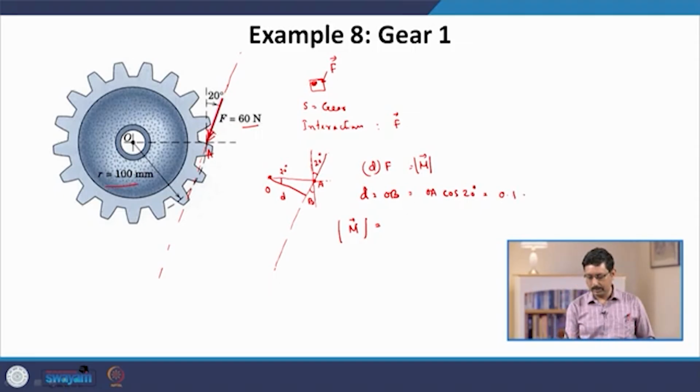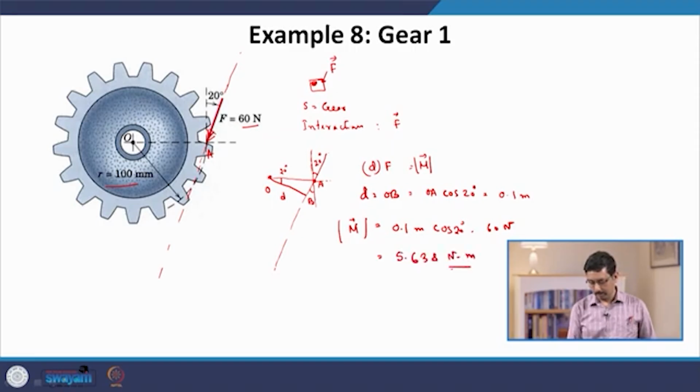I am going to use SI units, so I am going to write it in meter. So, the magnitude is 0.1 meter times cos 20 degree times 60 Newton, which equals, when you plug in the numerical values, 5.638 Newton meter. Remember, 1 meter is coming from here and 1 Newton is coming from here. So, the unit of torque is different from force, as it is a combination of the unit of force and distance.